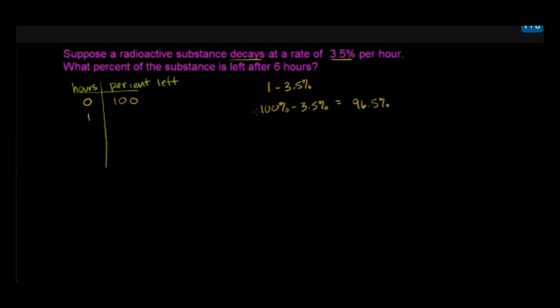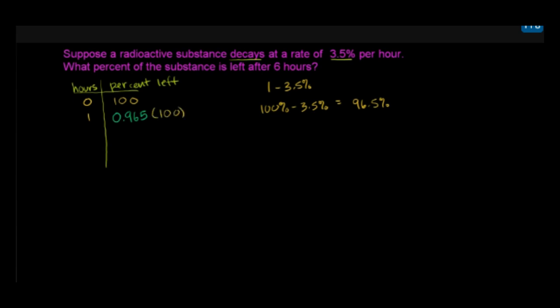So each hour, we're going to have 96.5% of the previous hour. So in hour 1, we're going to have 96.5% of hour 0, or 0.965 times 100.